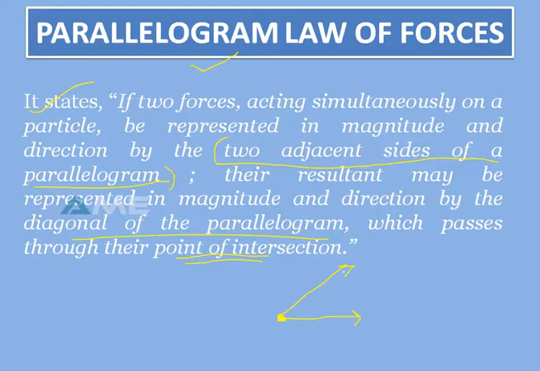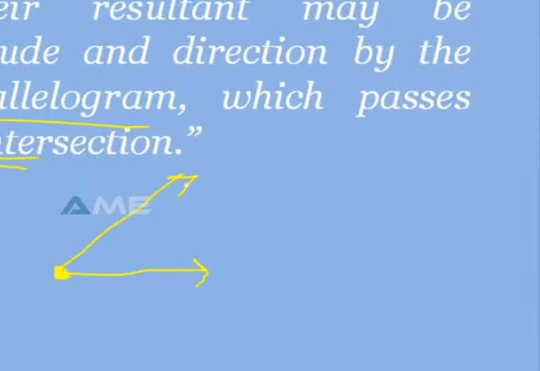Now consider these two forces are adjacent to each other, and these are the sides of your parallelogram. Your resultant is the diagonal of your parallelogram. This is your resultant as per the parallelogram law of force.